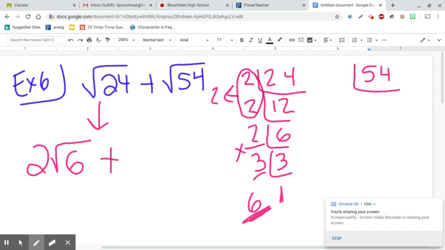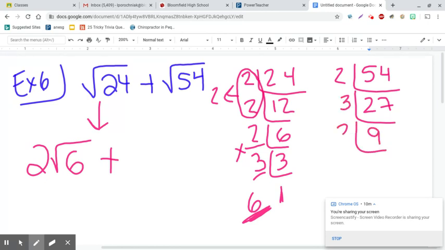Now we're going to break down 54. Okay. I would do a 2. I think that's the easiest. Which gives me 27. Now 27 is not even, so we have to use a 3 because 3 goes into it. So 27 divided by 3 gives me 9.